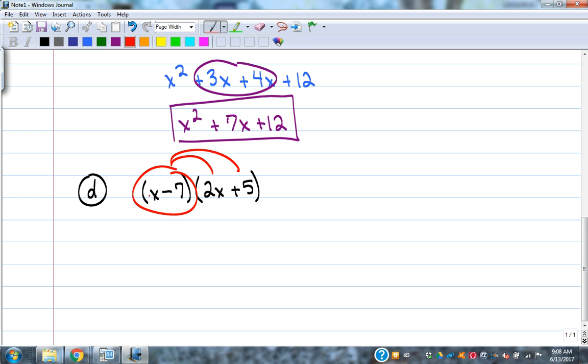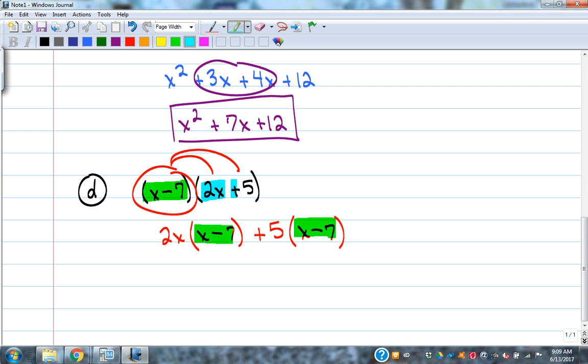So that would be taking x minus 7 times 2x, so I'm writing 2x parentheses x minus 7, and then plus 5 times x minus 7. That's taking this and distributing it to both of those pieces.